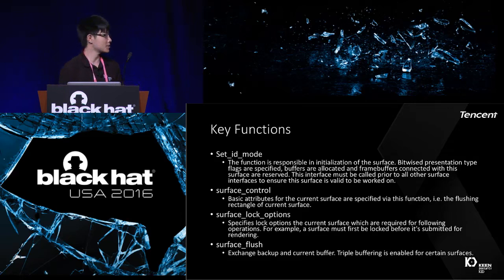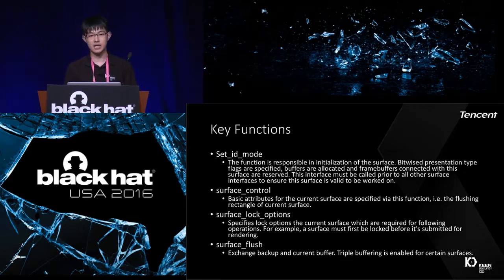The surface lock options is also an important function, because if you want to submit your surface to rendering, you must lock it first. Surface lock options is an external method in the IOAcceleratorSurface to receive some lock options to specify the lock behavior of the surface. And finally, there's another function named surface flush.